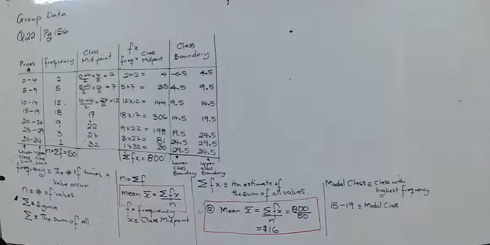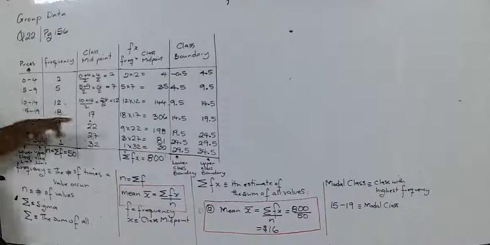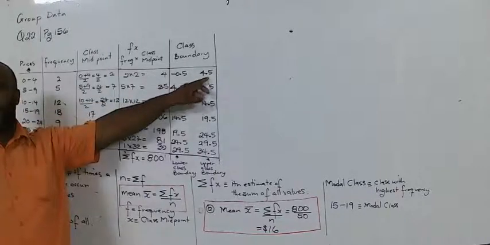Answer this. An employee whose lunch costs $4.30, which group would you put him in? 0 to 4 or 5 to 9? 0 to 4. Because the first group ends at $4.50.